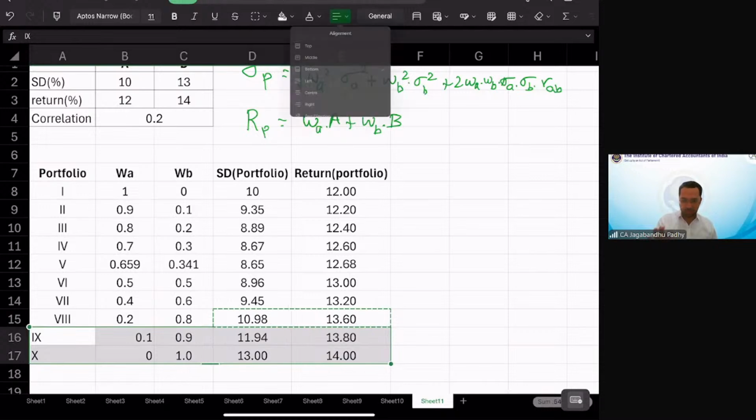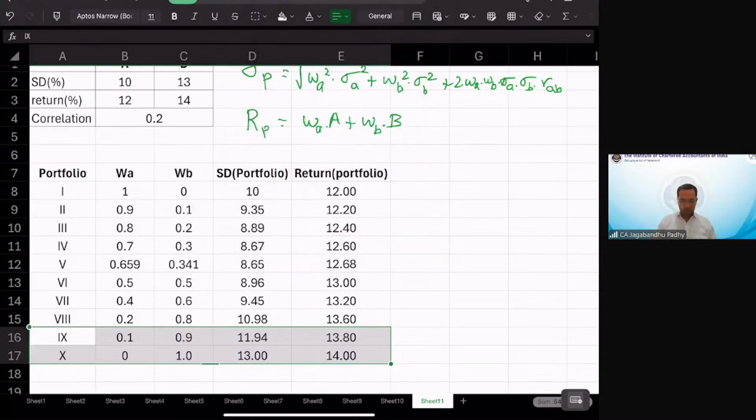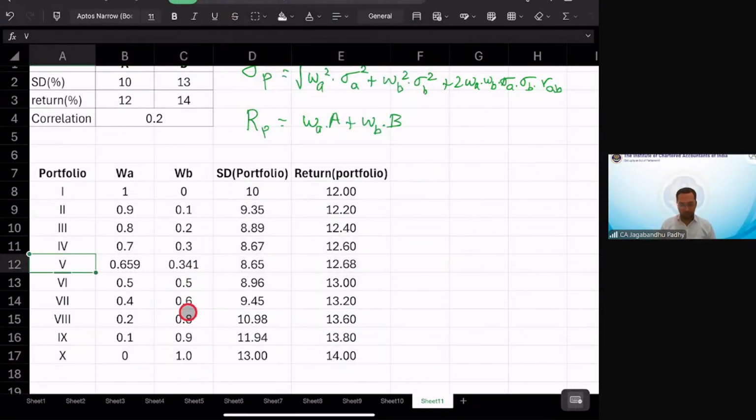If I slowly transition to more and more weightage of B, I find that up to this particular point, which is a weightage of 0.659 and 0.351, the standard deviation of the portfolio is reducing. Beyond that, the portfolio risk starts rising.